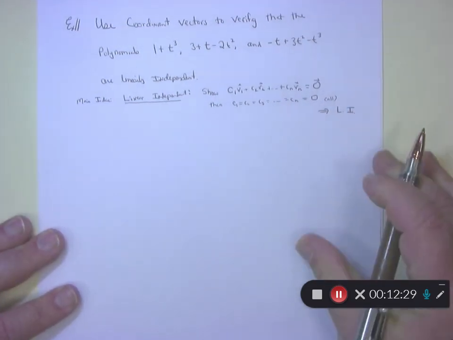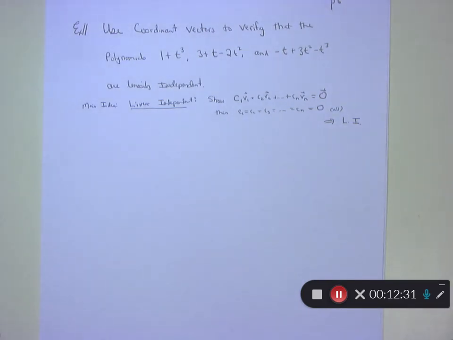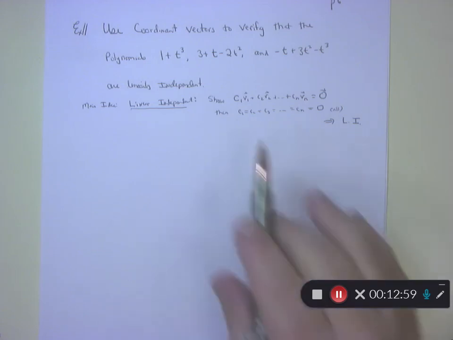math code here, what does LI stand for? Linearly independent. If they are not, if you can find just one of them, say C5 equal to 27, not 0, then they're called linearly dependent. The only way you get linear independence for vectors is when you set up the equation, C1 times vector 1 plus C2 times vector 2, dot, dot, dot, equals 0, and you solve for the C's.